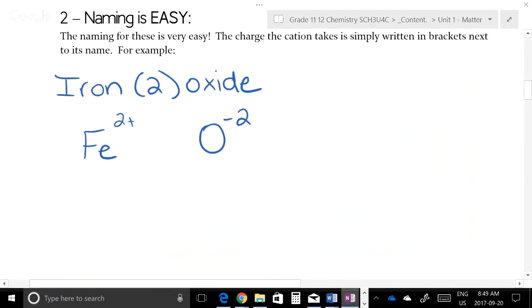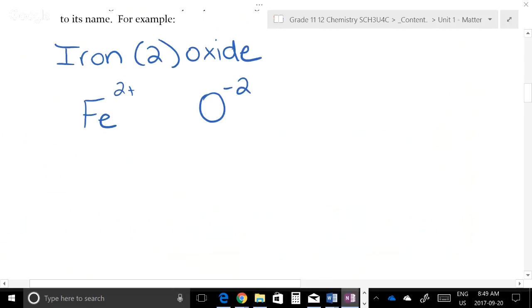How many irons and how many oxygens do I need to charge balance here? Fantastic. 1 iron and 1 oxygen achieves charge balance here. Does that make sense to everybody? Tell me if it doesn't. Don't be shy. We can talk about why. If you don't tell me, I'm just going to assume we're all cool with that from grade 10.